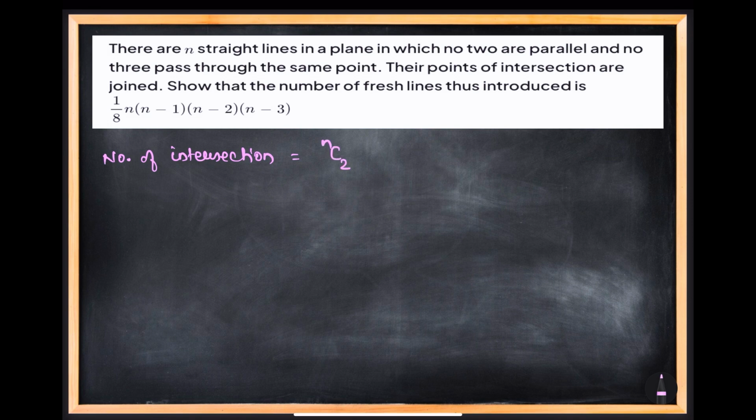Suppose that it is x. Now look at this, what will happen. You got those intersection points. Now those intersection points are joined.